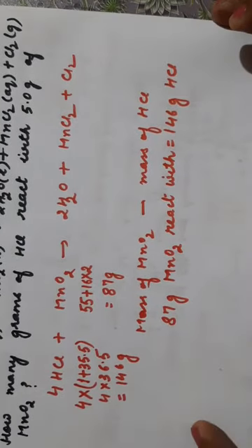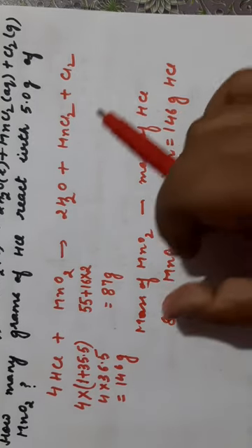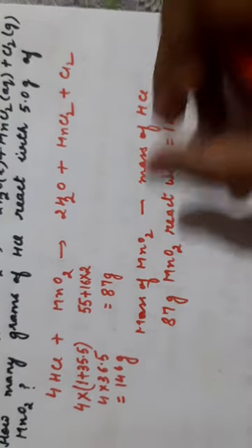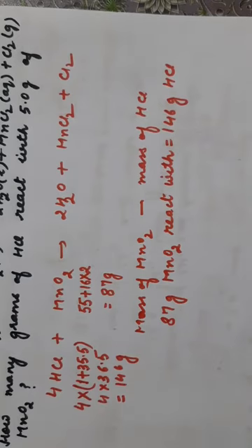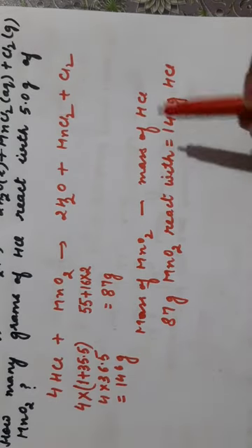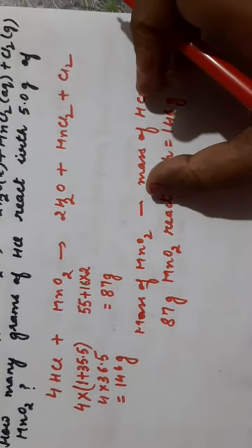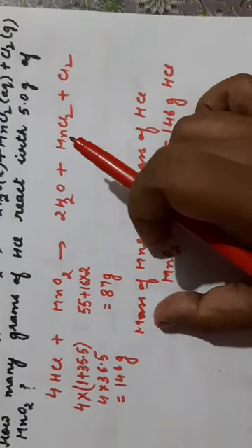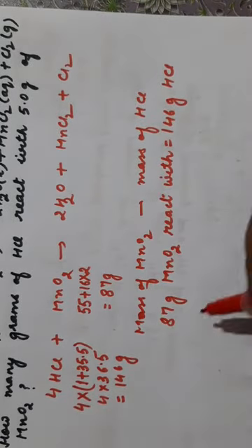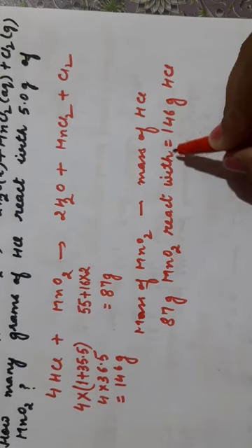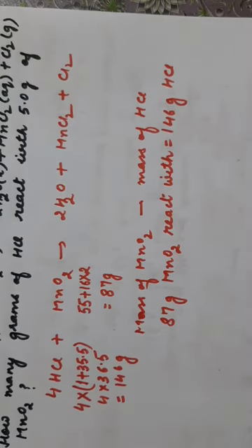Clear? So first we have to find what relation we have to use. We have to use a relation between mass of MnO2 and mass of HCl. Then whatever we have to find, we will write this side, and whatever is given we will write this side. So 87 gram MnO2 reacts with 146 gram HCl.